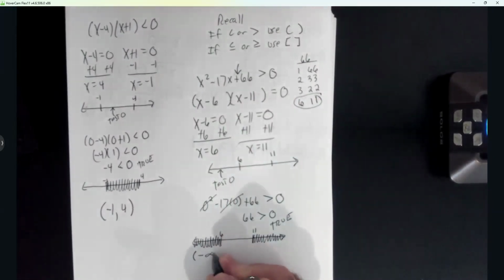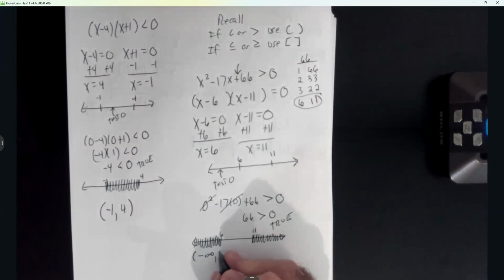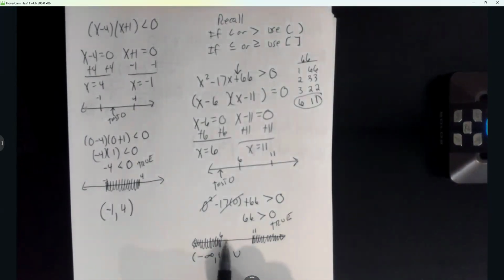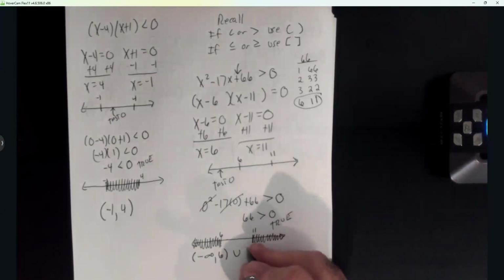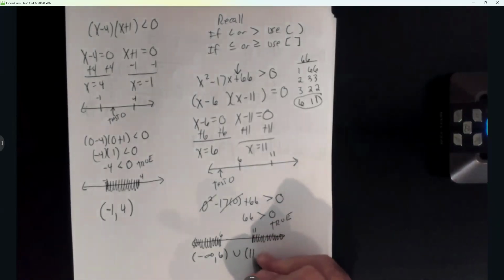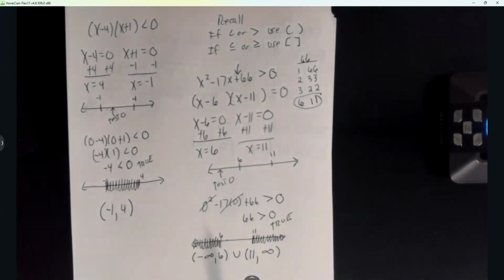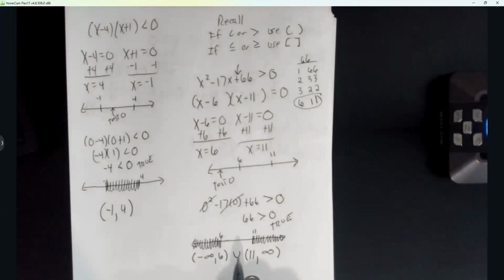So we go from -infinity until we hit 6, union. We don't go from 6 to 11 because that was all false. We got to start where it shades again, and that's at 11 to +infinity. Remember, you do not write 6 to 11 in the interval because that was false. It's false where we didn't shade it, okay?